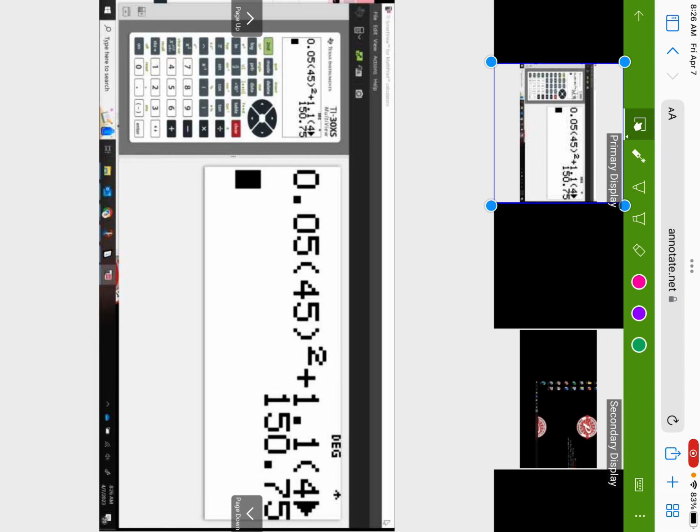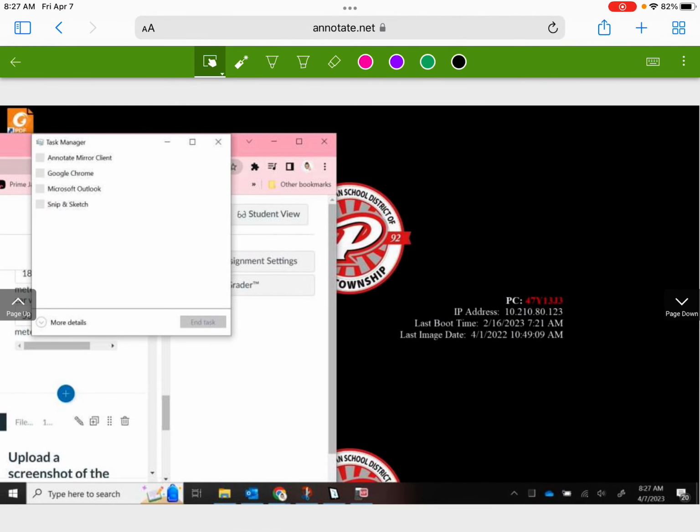I cannot move the Chrome page. I cannot end Chrome. Love it. Let me end Chrome, please. Task Manager. Oh my gosh. There we go.